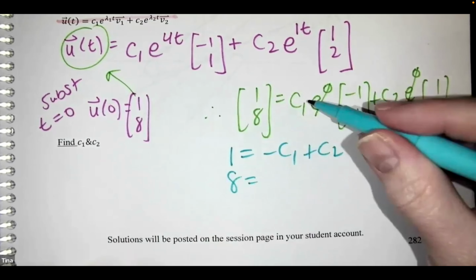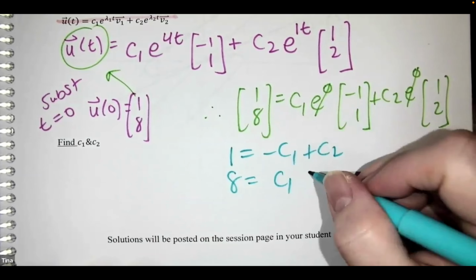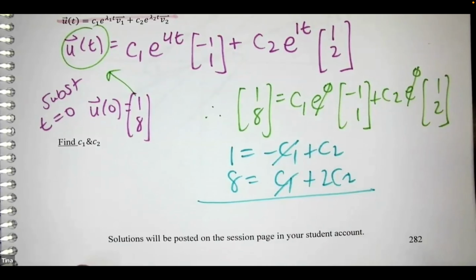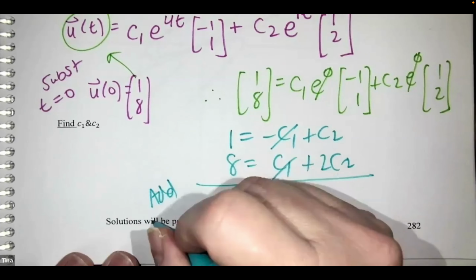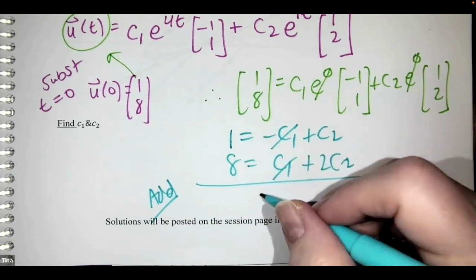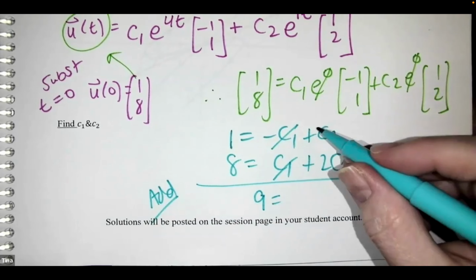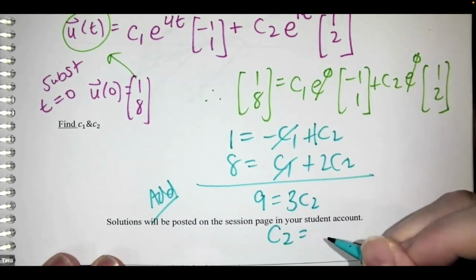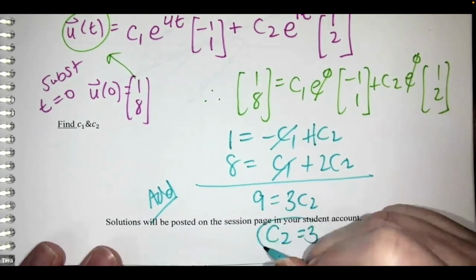Bottom, we have 8 equals C1 plus 2C2. We can already add them, since they're the same number with opposite signs. So 1 plus 8 is 9, equals 1 plus 2, 3C2. So C2 is 9 divided by 3, which is 3.